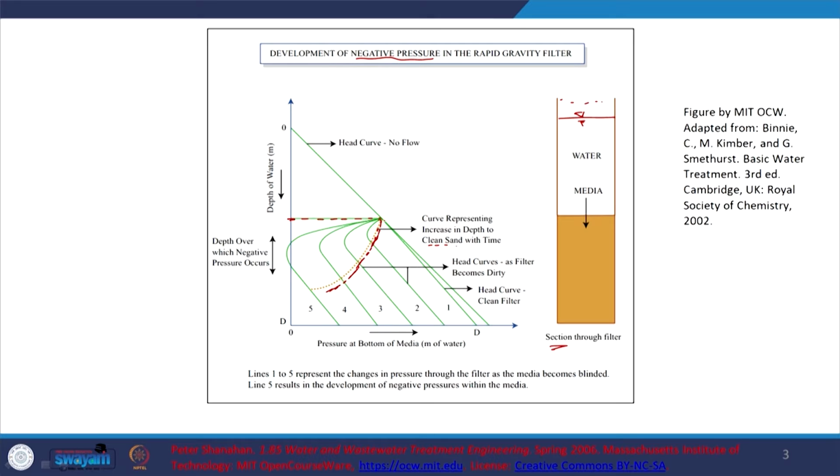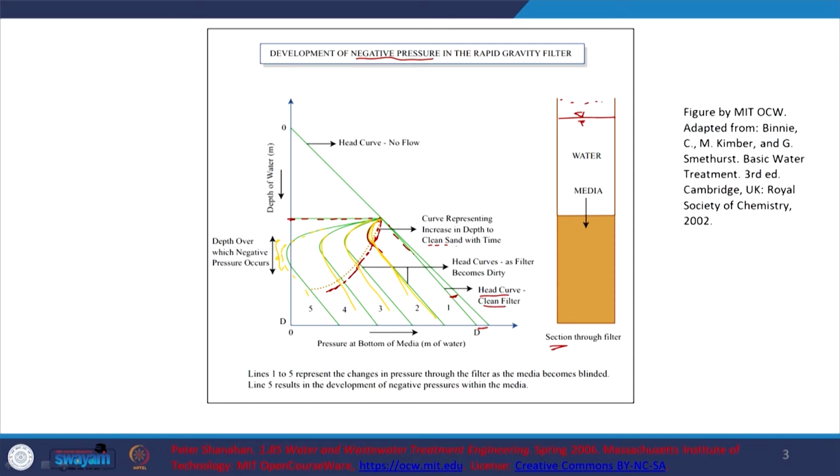So, what is going to happen during this operation? Head loss is going to increase, that is what you see. This is the head curve with a clean filter. So, this is due to the clean filter head loss, not much depending on how you design it obviously, but as you can see here, as you are running the plant, first the head loss goes something like this, and then it goes into the negative zone, right, negative pressure.